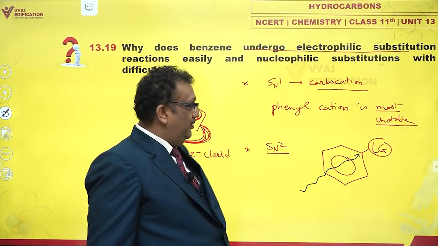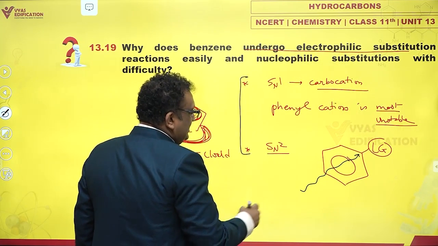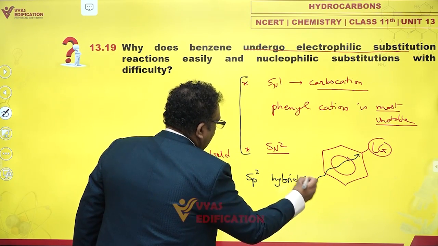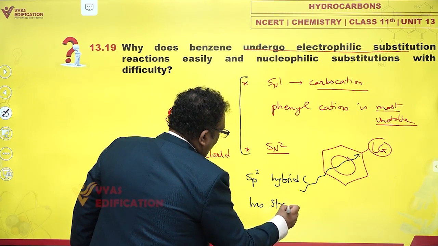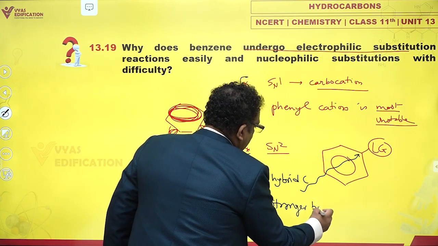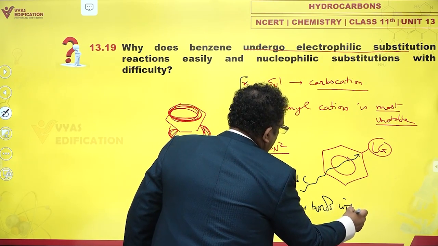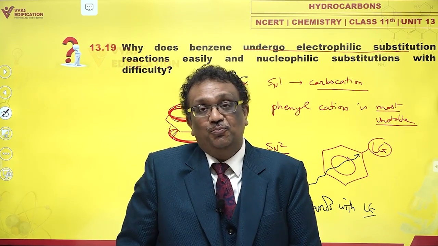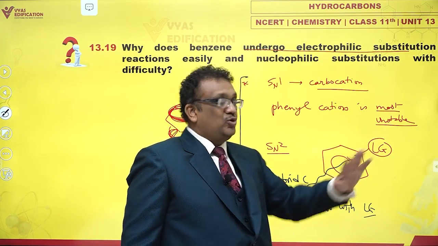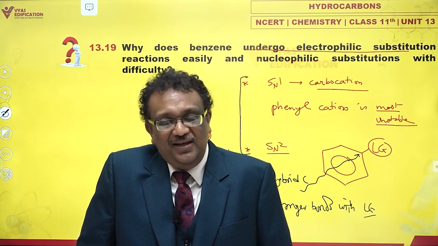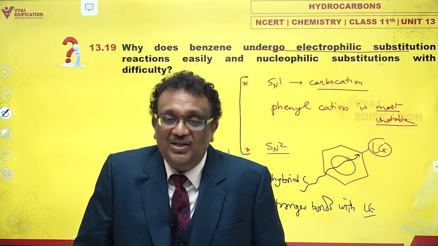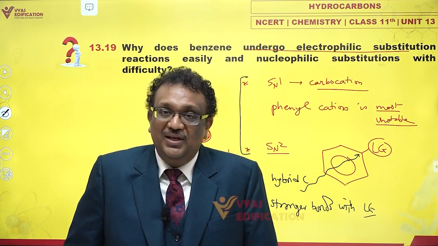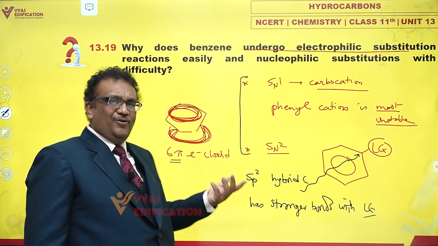There is also an additional problem that in both of these cases, the sp2 hybrid carbon has stronger bonds with the leaving group. The bonding with the leaving group is very powerful. It is difficult to break. So if you feel that you should throw away the leaving group first, that is not possible. It's very difficult. And that is why nucleophilic substitutions are an absolute rarity in the case of benzene. Since it is electron rich, electrophilic substitutions prevail.